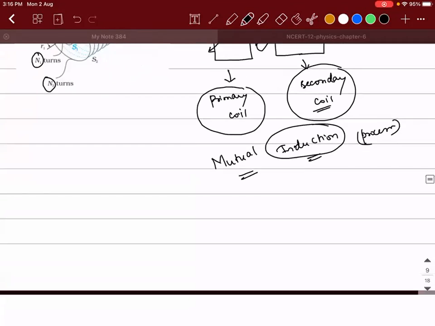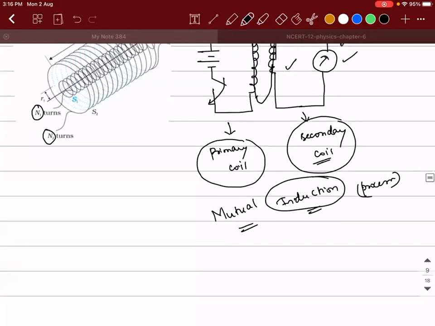Right. Now, if I take this as the first coil and this as the second coil, can I say that the flux linked with the second coil is directly proportional to the current passing through the first coil? It is because of the current in the first coil that the magnetic field is generated. Due to that magnetic field the flux is generated, and due to that flux the flux gets linked to the second coil.